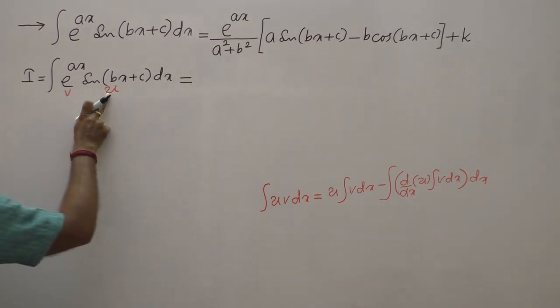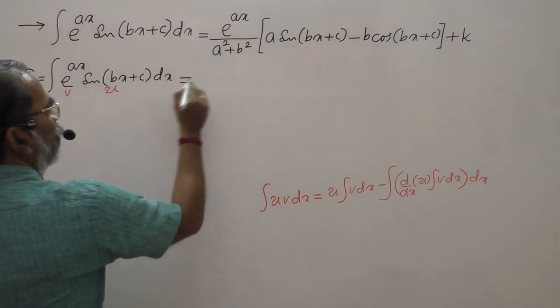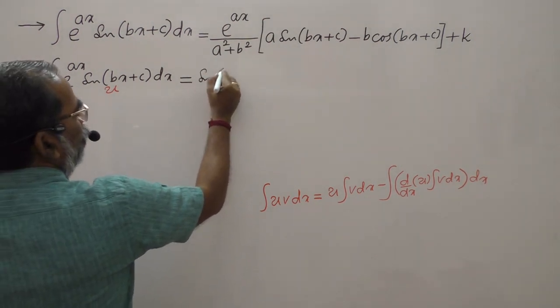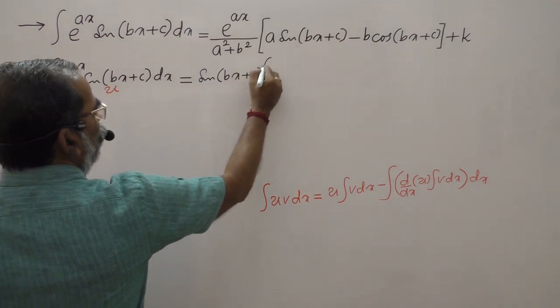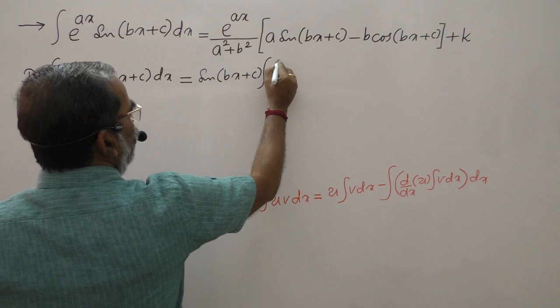What is this? This is u and this is v. Firstly we get u, no? Therefore sine of bx plus c into integral v dx. What is v?